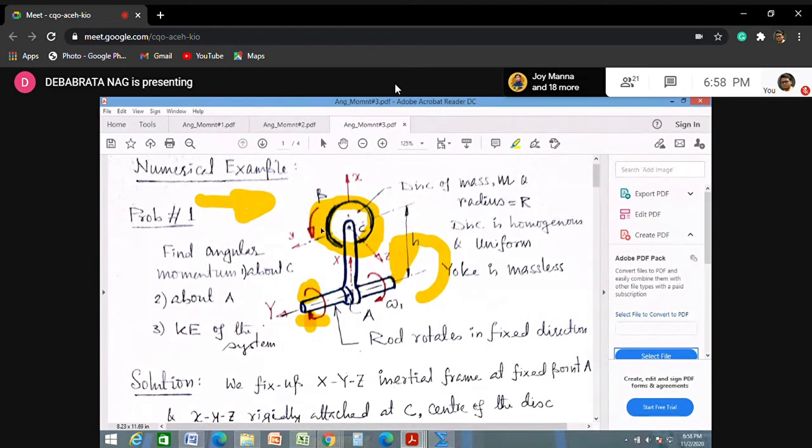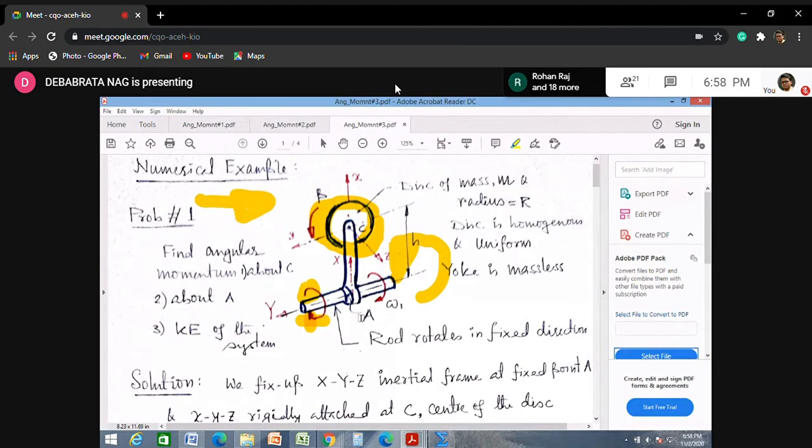And then you could have straight away applied the equation relating the angular momentum to the absolute angular velocity of the body, that is {h} = [I]{omega}. So that is the equation you could have applied over there.